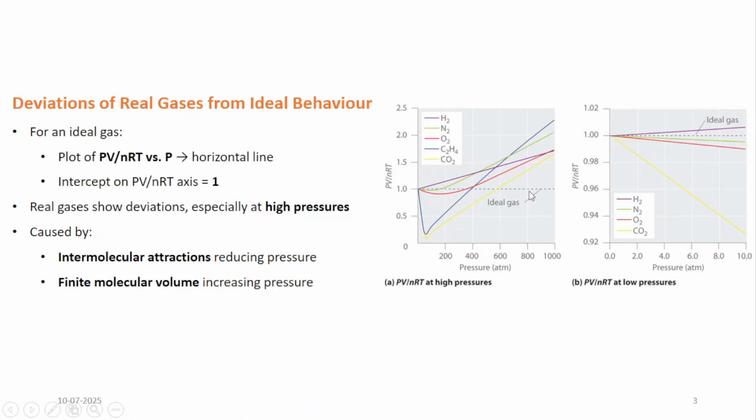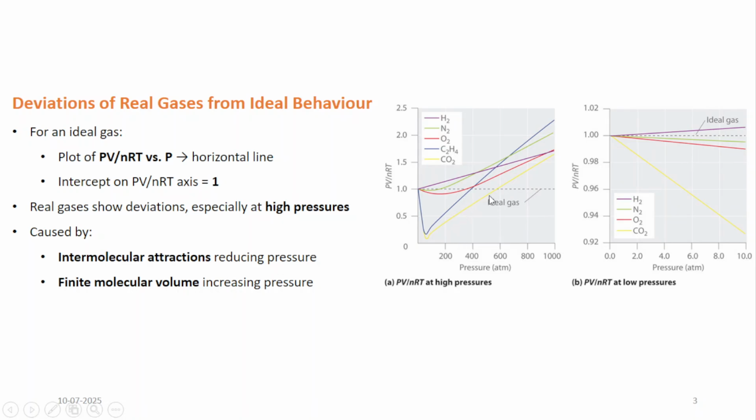So this is the line which is applicable for ideal gas, and these are the lines which are applicable for various gases like hydrogen, nitrogen, oxygen, ethene and carbon dioxide. You can see they show considerable deviation from the ideal gas behavior.